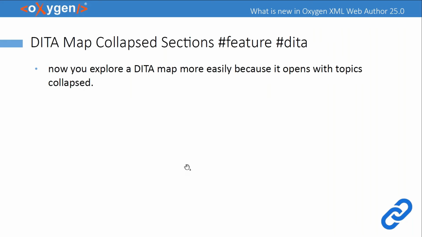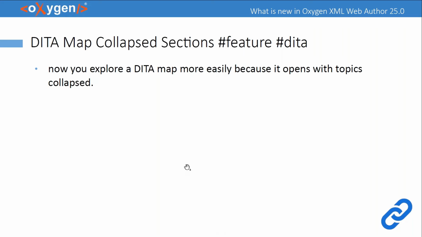Another feature that I want to present is a rather small one, but I find it rather important. Now, when you open a DITA Map document, the topic graphs are collapsed by default so that you can easily explore the DITA Map.